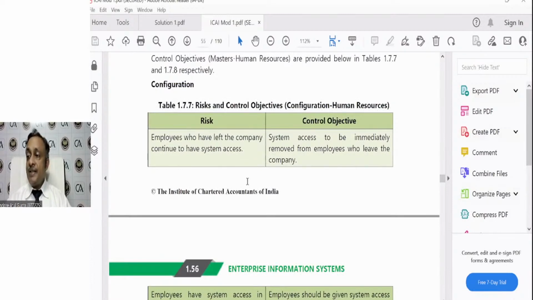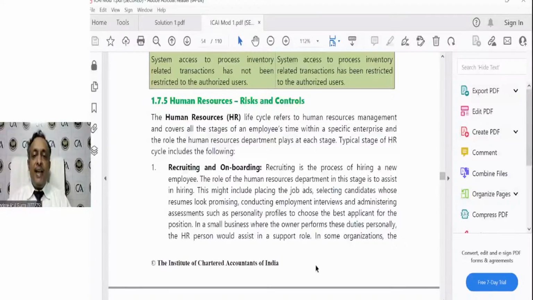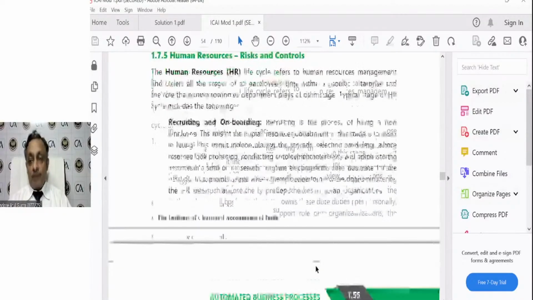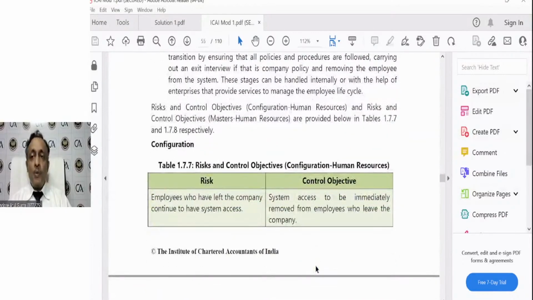The first one is very, very critical human resource risk. The employee who has left still has access to the system. So this is a huge risk. In fact, with so much understanding of systems, risk and fraud, this risk is still there.